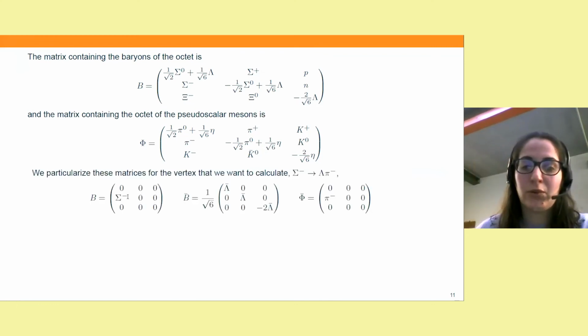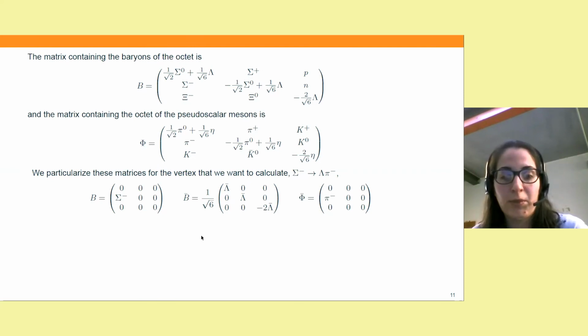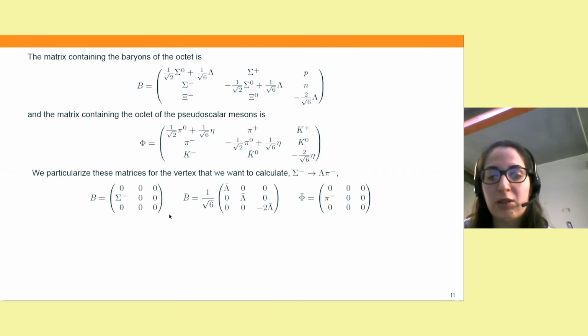But we want to particularly calculate this vertex, a sigma minus going to a lambda and a pi minus. So we don't need to take the full matrices because our life would be very complicated. We just need to take in these matrices the fields that we are interested in and consider that the rest are 0, because we will not take the terms that go with other fields.